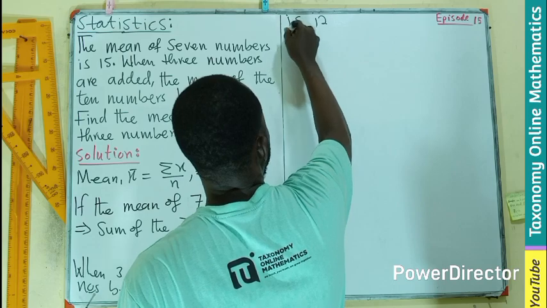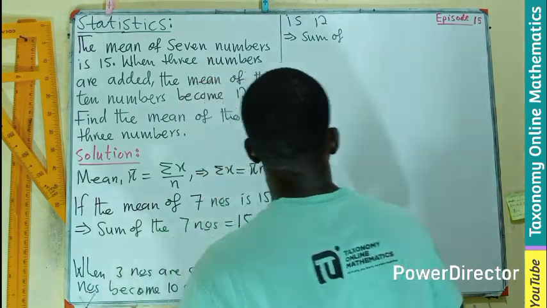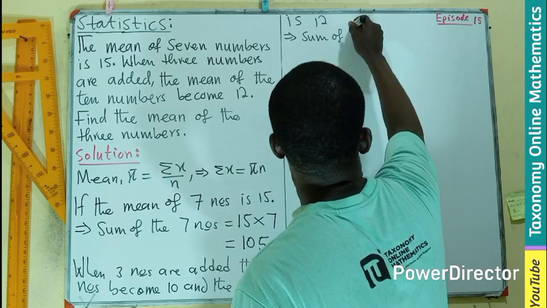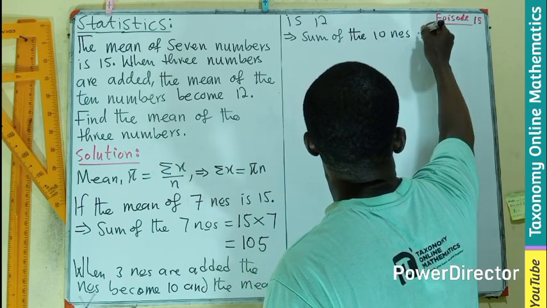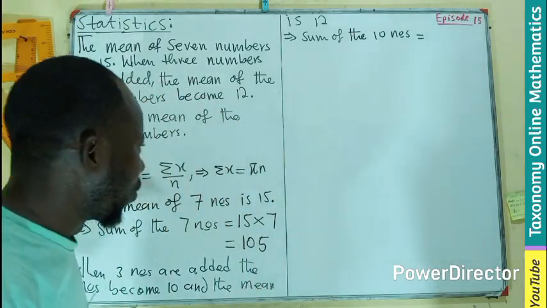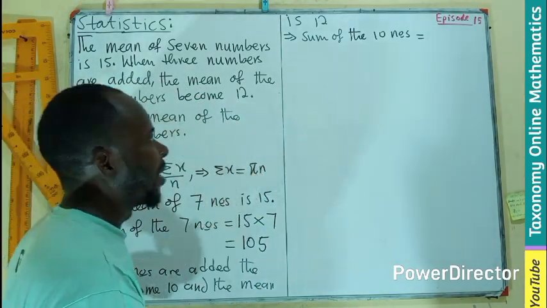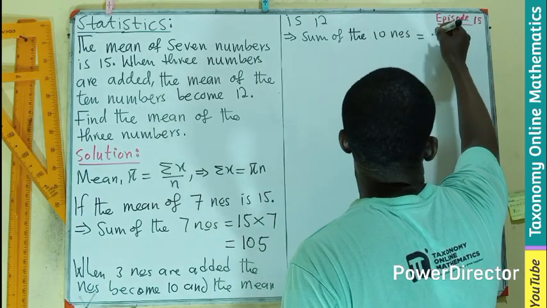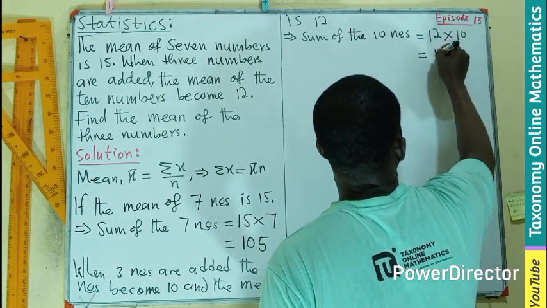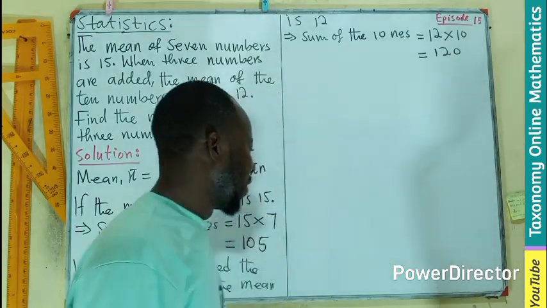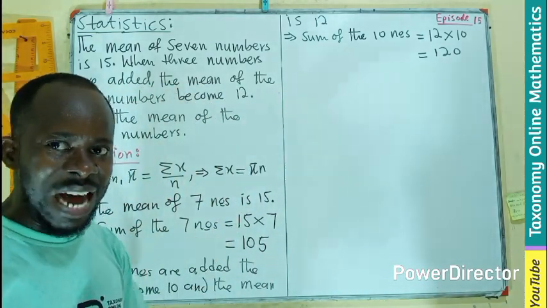So that means the sum of the 10 numbers will be equal to the mean times the number. The mean is 12, the number is 10, giving rise to 120.